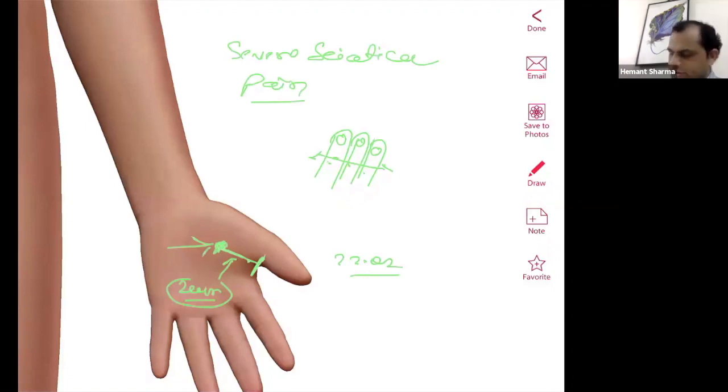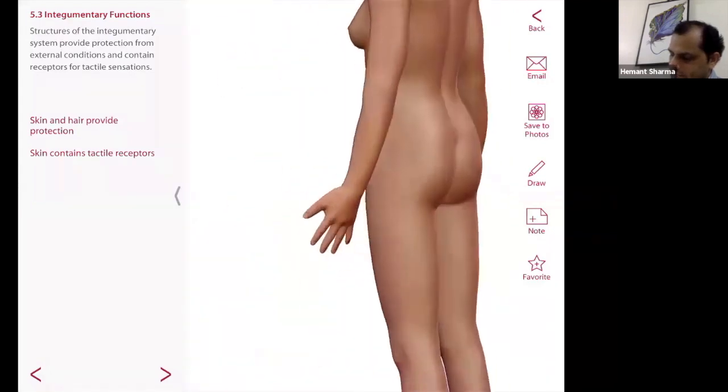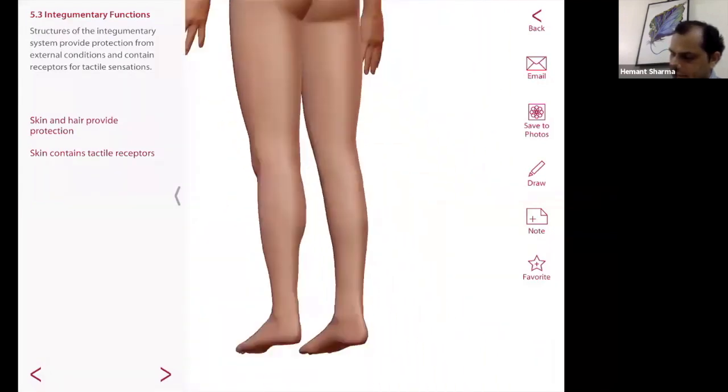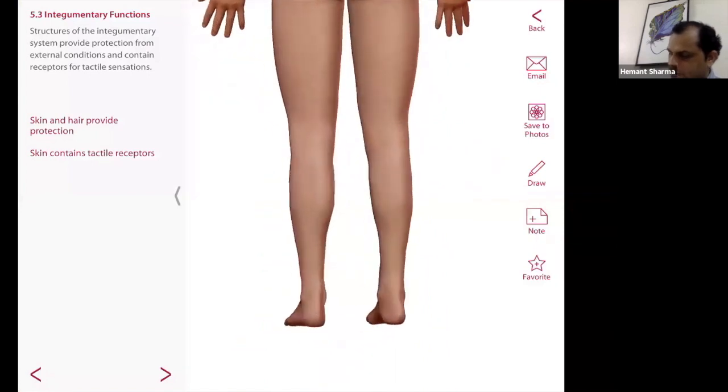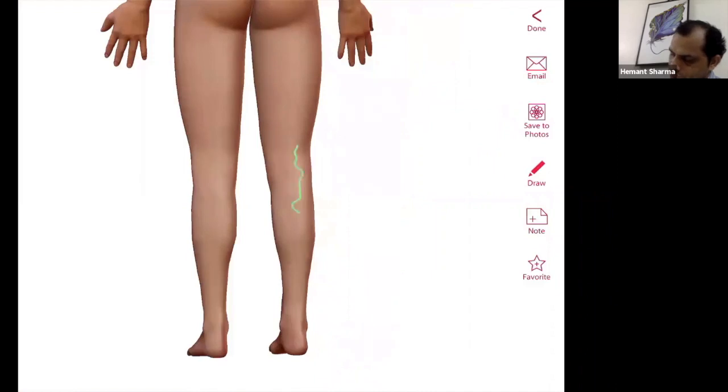Today one female patient came complaining of sciatica pain referring down the leg, in this root. She had pain on the right side. This is the incident of today.